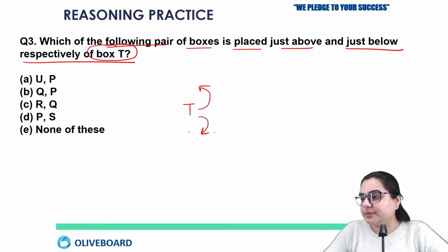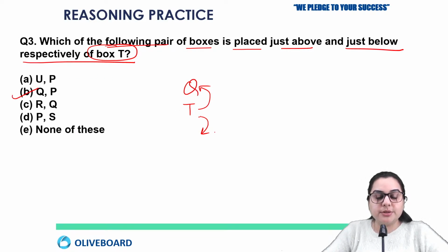This you have to answer. Eva answered it is option number B, correct, because above T we can see it is Q and below T it is P.